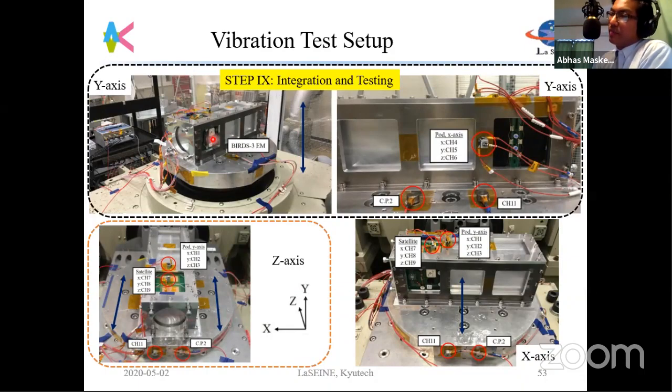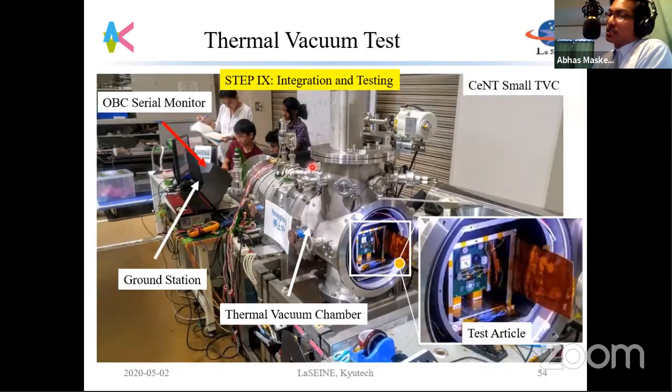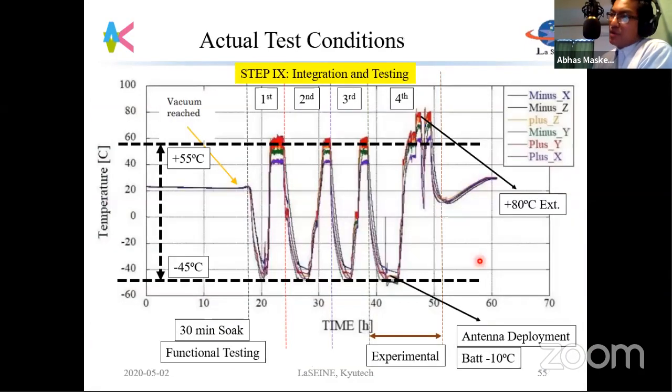Okay. We also want to test in a thermal vacuum chamber. A thermal vacuum chamber looks something like this. This is the small chamber that we have. We also have the big chamber where we can fit multiple satellites. You'll notice the camera is here, and we were testing it from minus 45 degrees Celsius to 55 degrees Celsius.